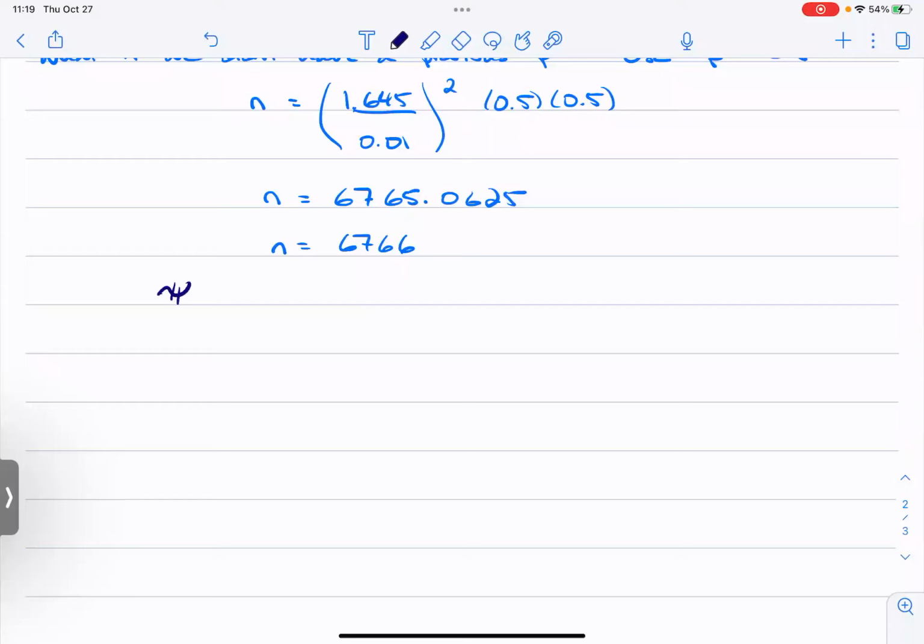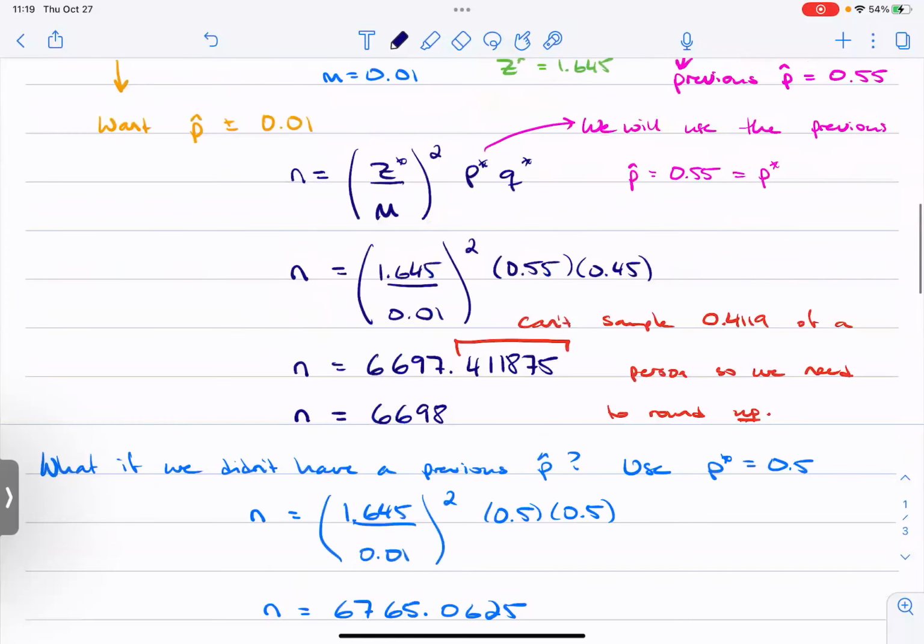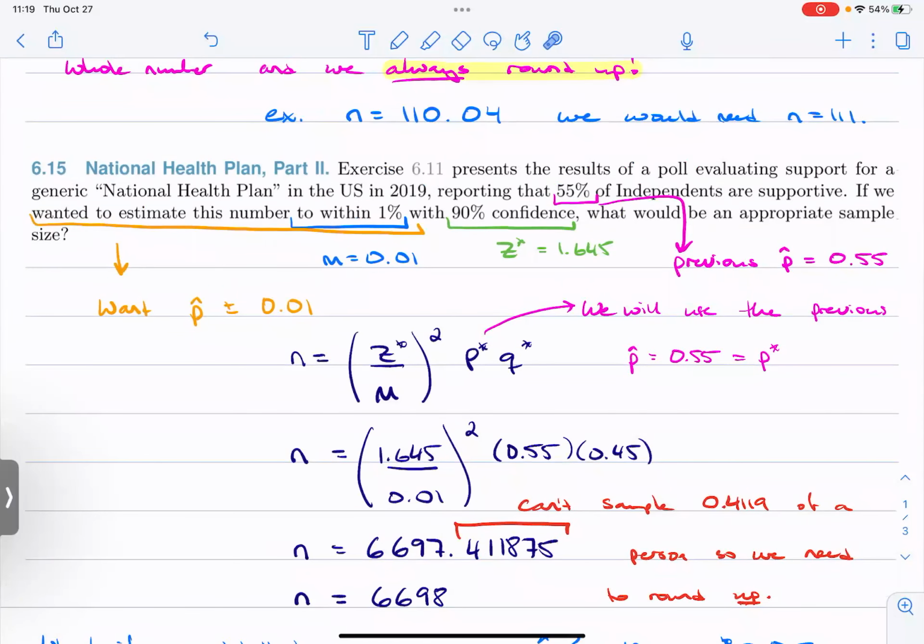What if we don't just have one sample proportion? What if I have two sample proportions? I want to compare these sample proportions, right? For example, here, some proportion of independents and some proportion of, I don't know, Democrats, let's say, would be in favor of the National Health Plan.